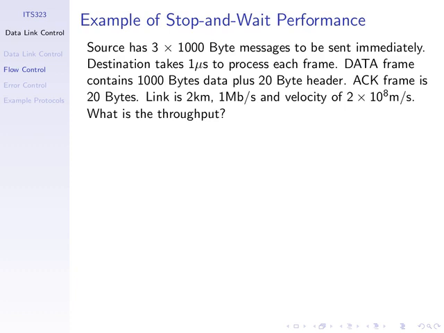The data rate of our link was 1 million bits per second. We're receiving at a rate of 959,117 bits per second: 8,000 bits divided by 8341 microseconds, or 95.9% efficiency.